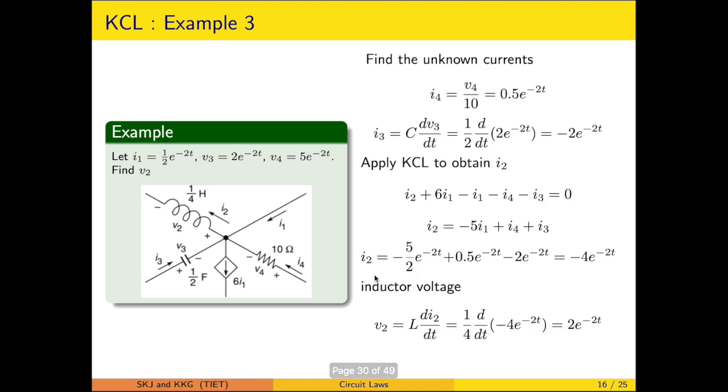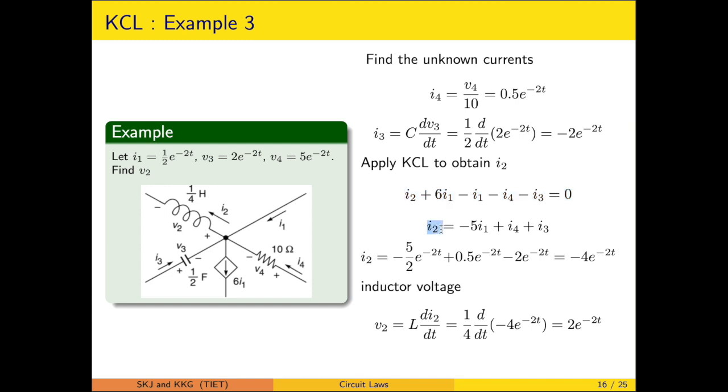So the same procedure has been listed out here. I4 is calculated first, that is the voltage divided by the resistance. Then I3 is calculated, so C dV3 upon dt. Then we have made use of the KCL relationship, and correspondingly the I2 value is calculated.